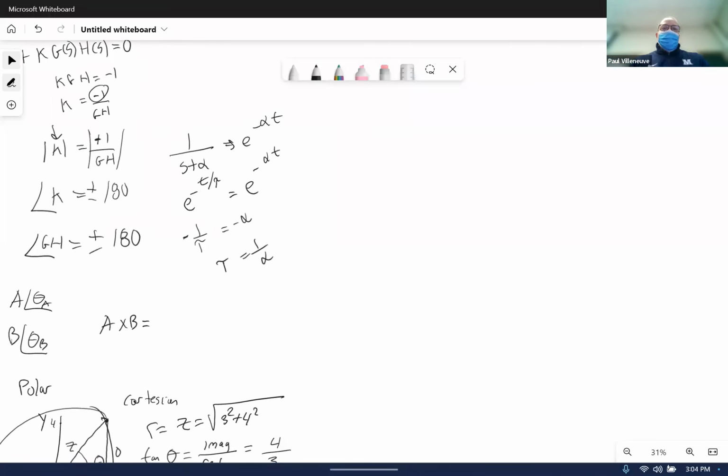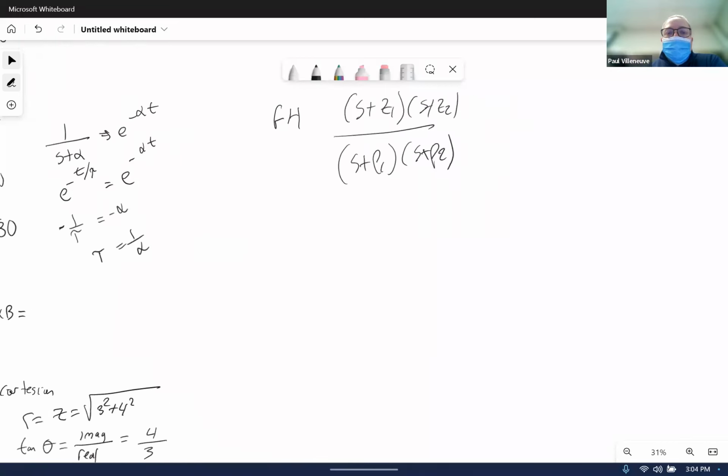Remember, my GH is going to have a bunch of poles and zeros, and I'll just put 2. All right. So if we want to know if a particular value of S, let's say S is equal to 3 plus J4, for example.